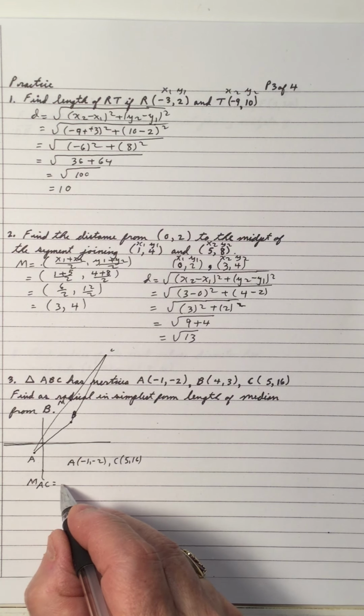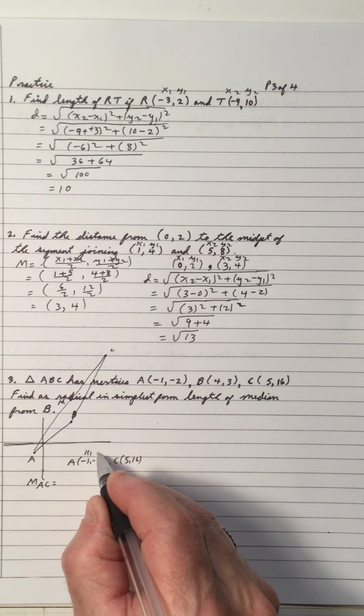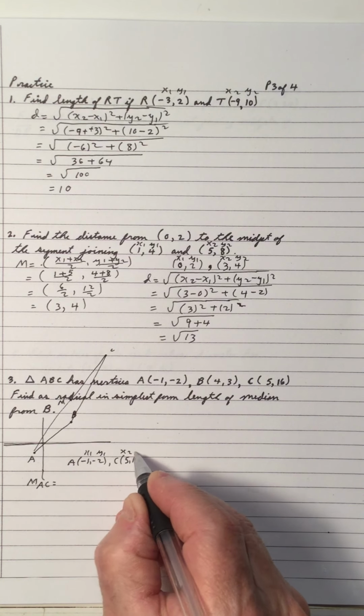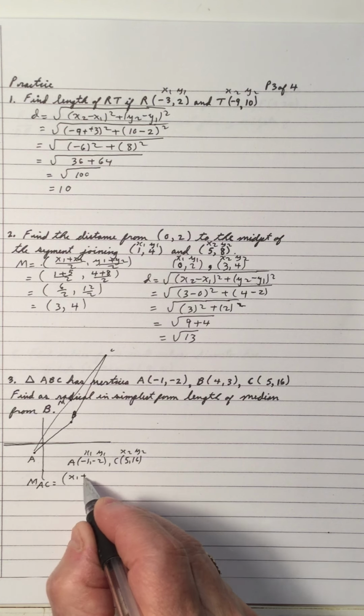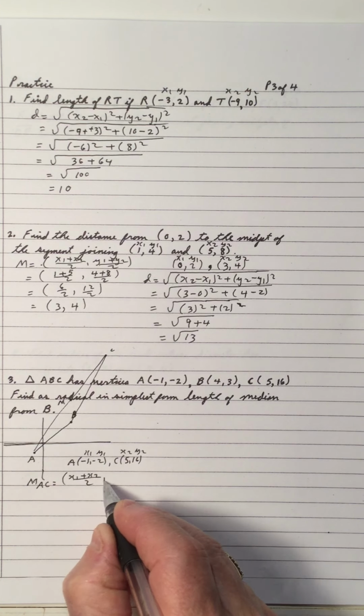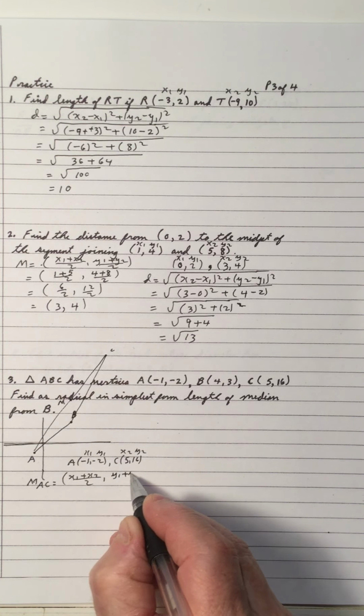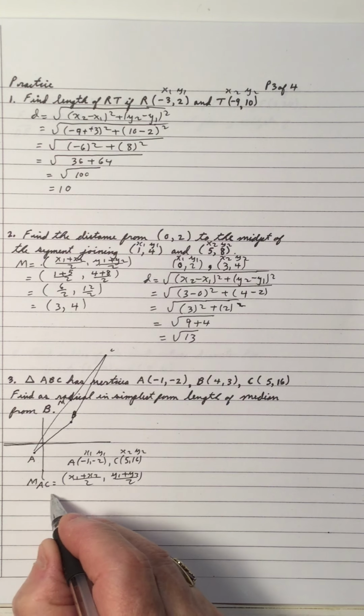So the midpoint is, this is x1, y1, x2, y2. So the midpoint is x1 plus x2 over 2, y1 plus y2 over 2.